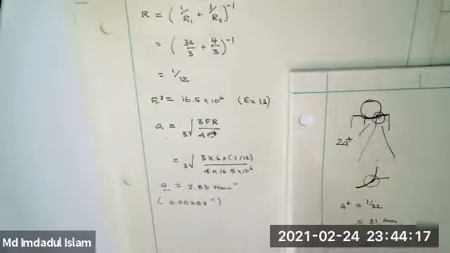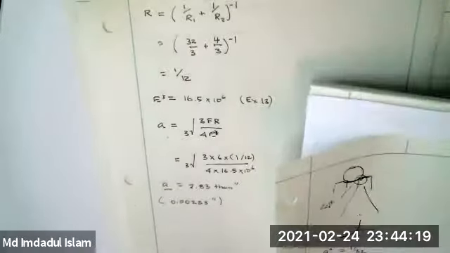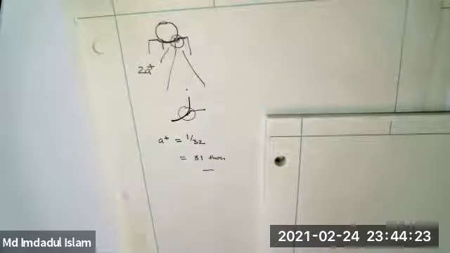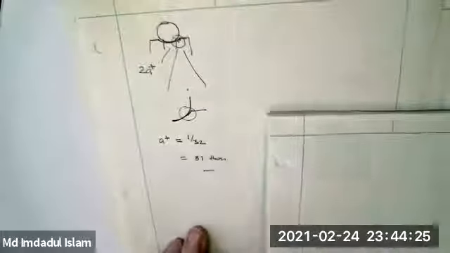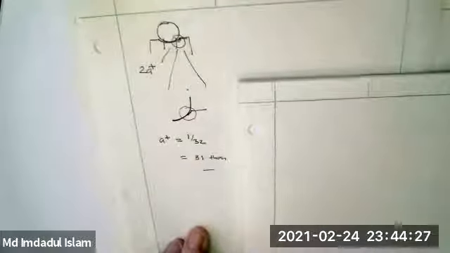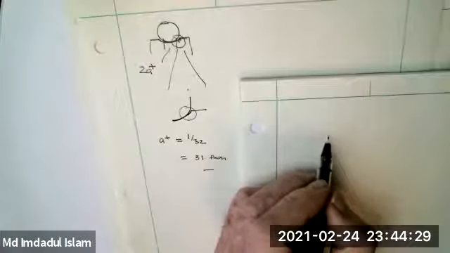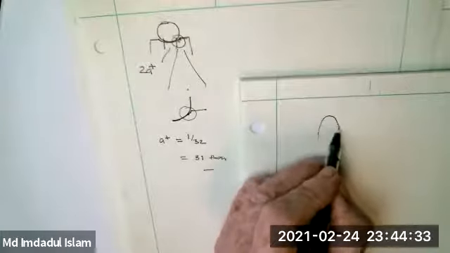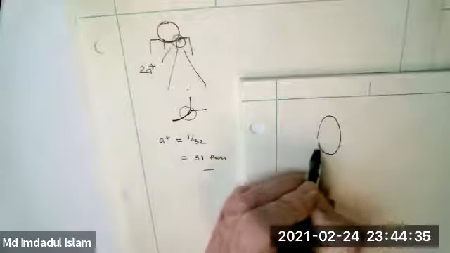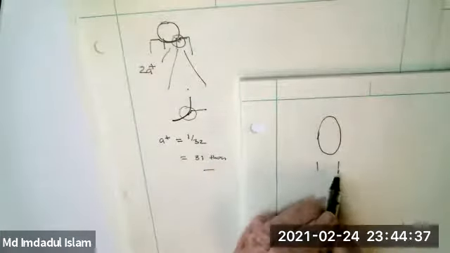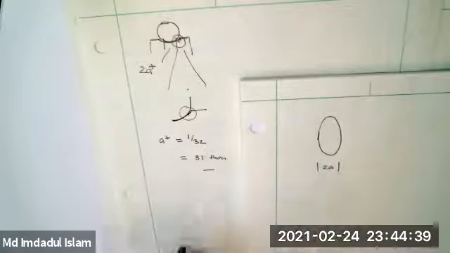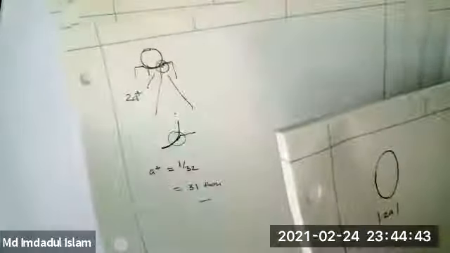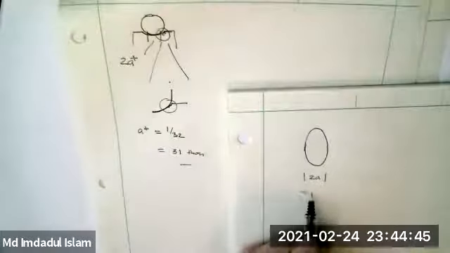So here's the contact region one. The contact region is an ellipse. And that was 2A. A was 2.83, so it's about 5 thou.